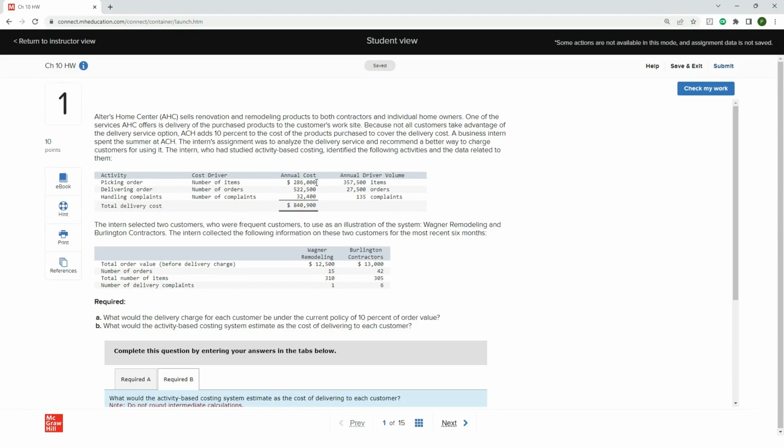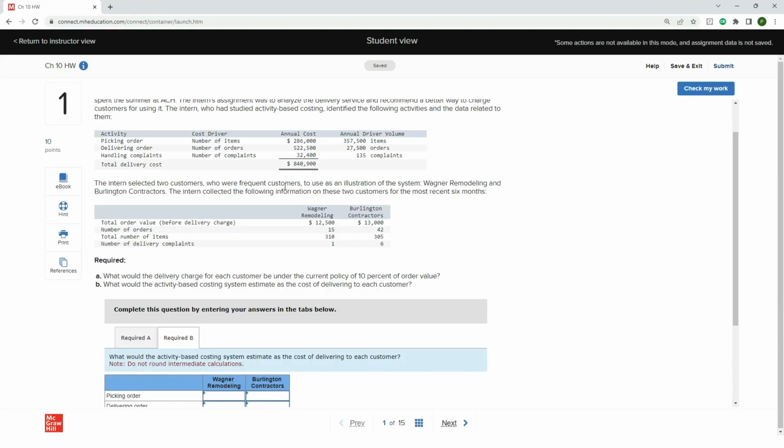So it looks like probably the way they did this was they looked at the employees that handled certain tasks. So probably the employees that handled complaints, their salary was $32,400, and then the employees that handled the orders was $522,500, and so on. So they broke down that $840,900 into smaller components.